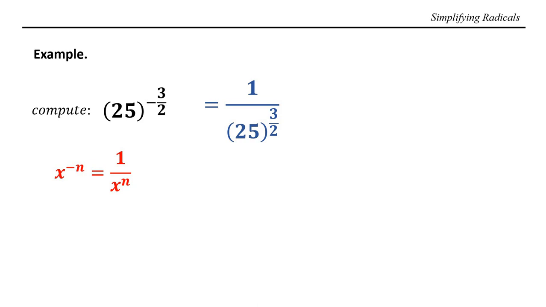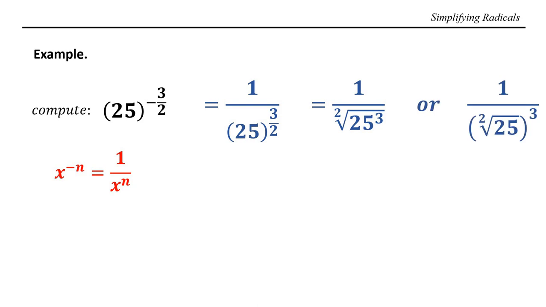Now using the radical rule we just learned, we can rewrite this as the second root or square root. Most people don't write the 2 value here, so it'd just be the square root of 25 cubed. Now this is where rewriting it with that exponent on the outside is helpful.